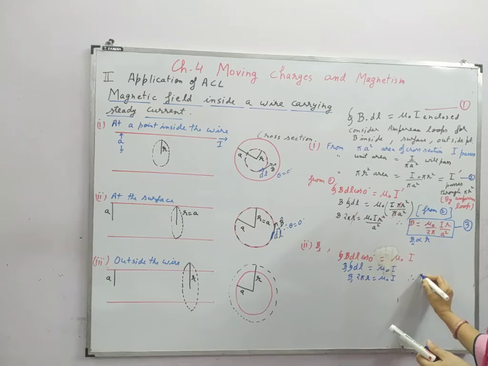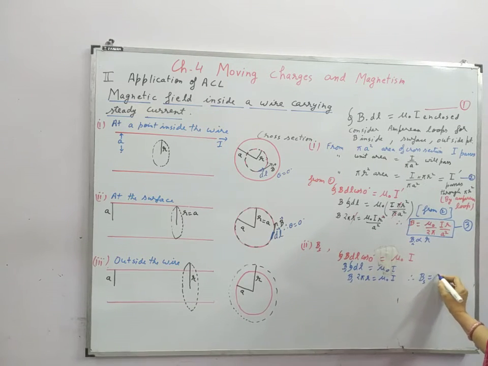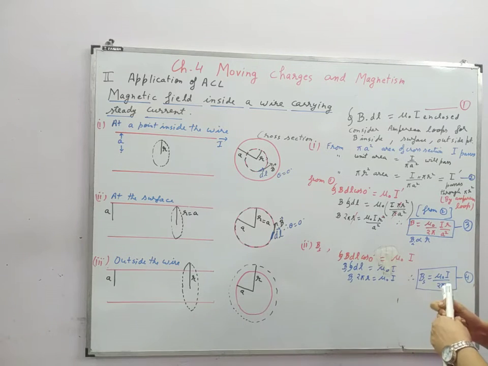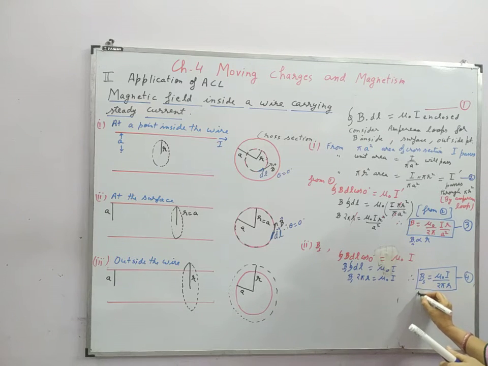So therefore the magnetic field at the surface of the wire is mu naught I upon 2 pi r. So this is the next important formula. From here what can we write as a result? That at the surface this magnetic field is inversely proportional to r.